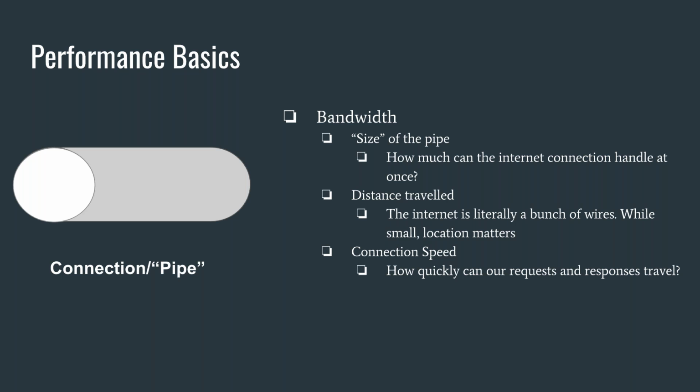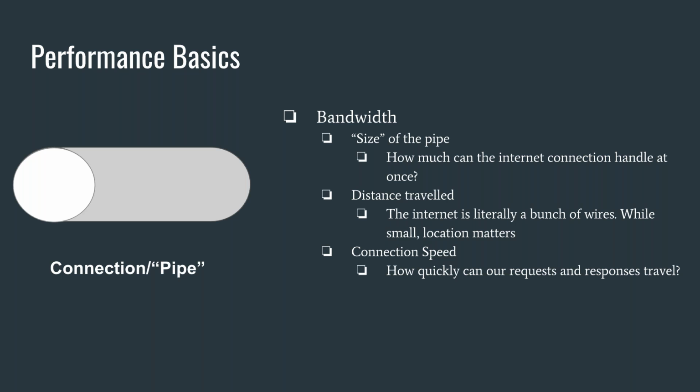That time adds up. It adds to latency numbers for the actual tag itself, the tag latency, and it can slow down not only the load of your web page, but also potentially the load of other tags.